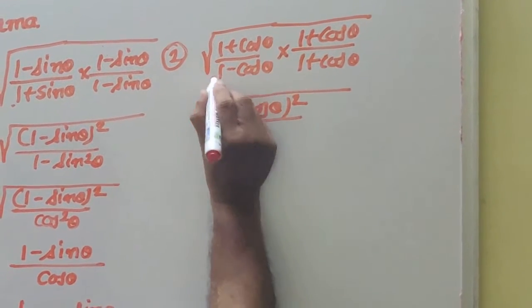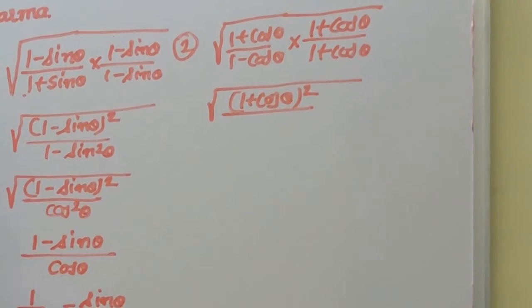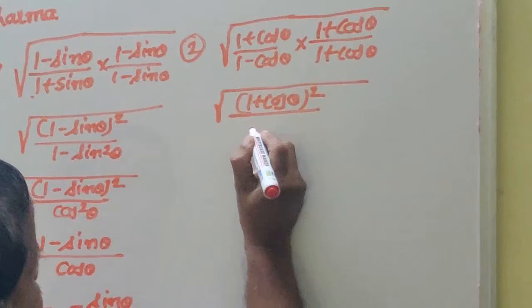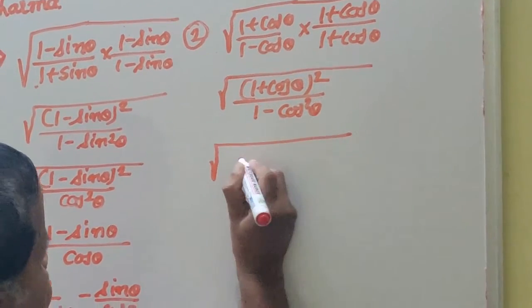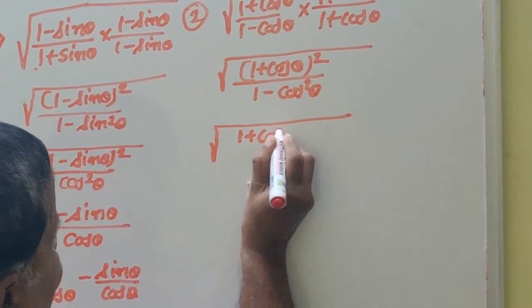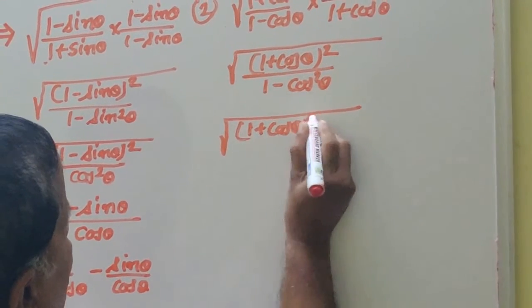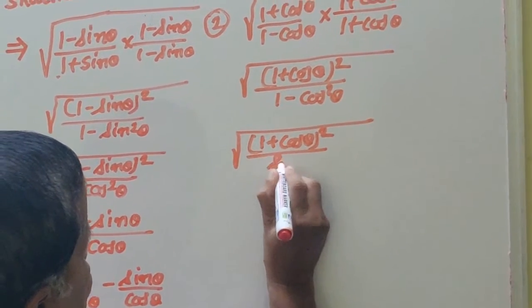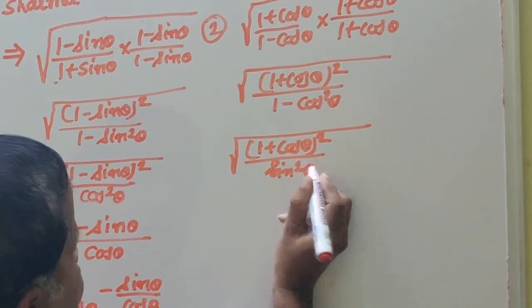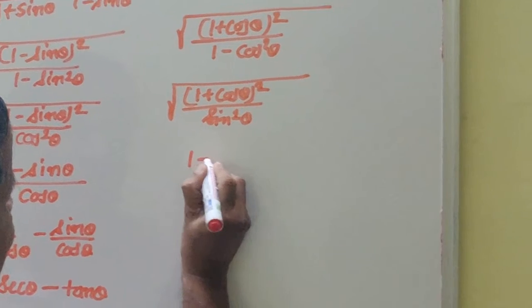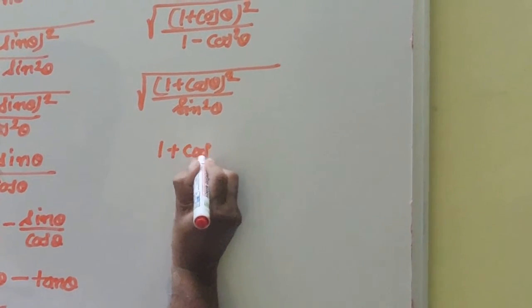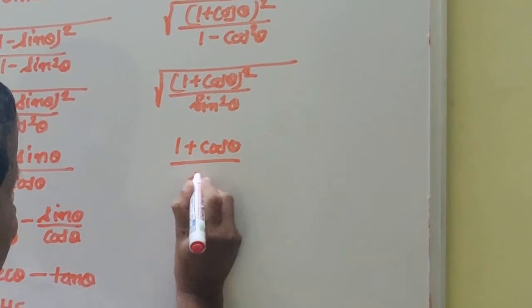In the denominator you already know which formula is applicable, a square minus b square. You already know that 1 minus cos square theta is equal to sin square theta. Now these two terms are in square form, so I can remove the square with the square root sign.